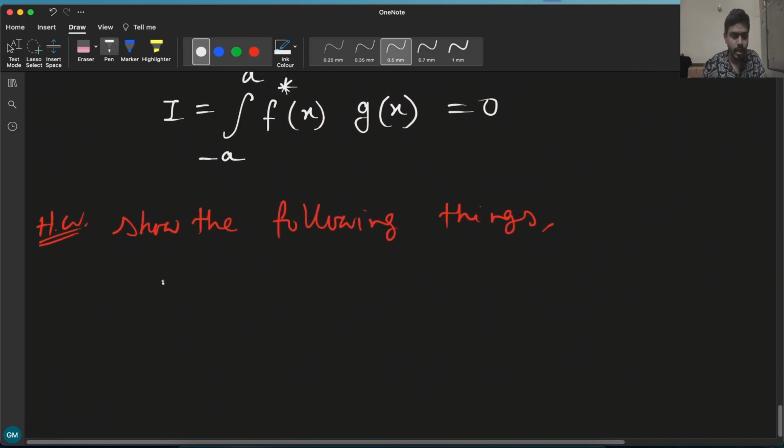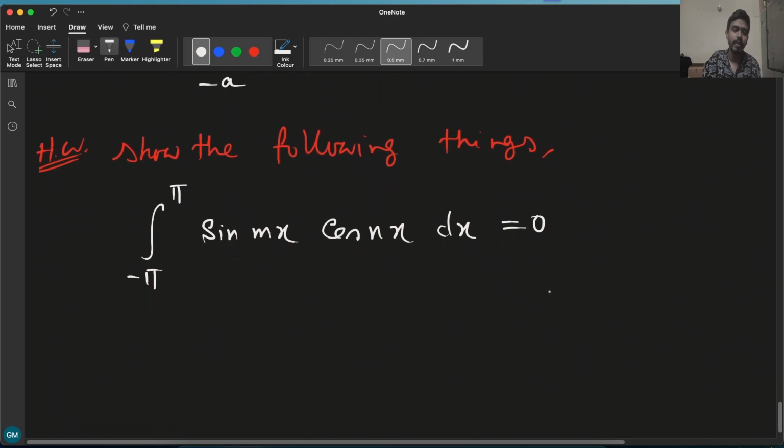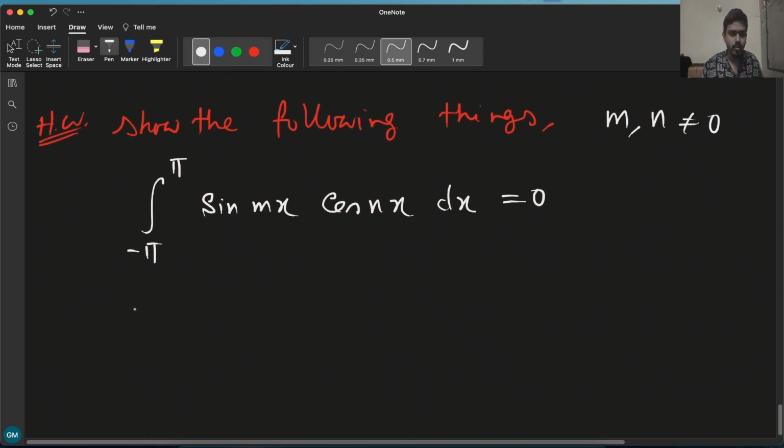That is, integration from minus pi to pi of sine of mx cos of nx dx equals 0, and here I am assuming that m, n are not equal to 0. This is number 1, and it will prove that sine mx and cos nx are orthogonal.